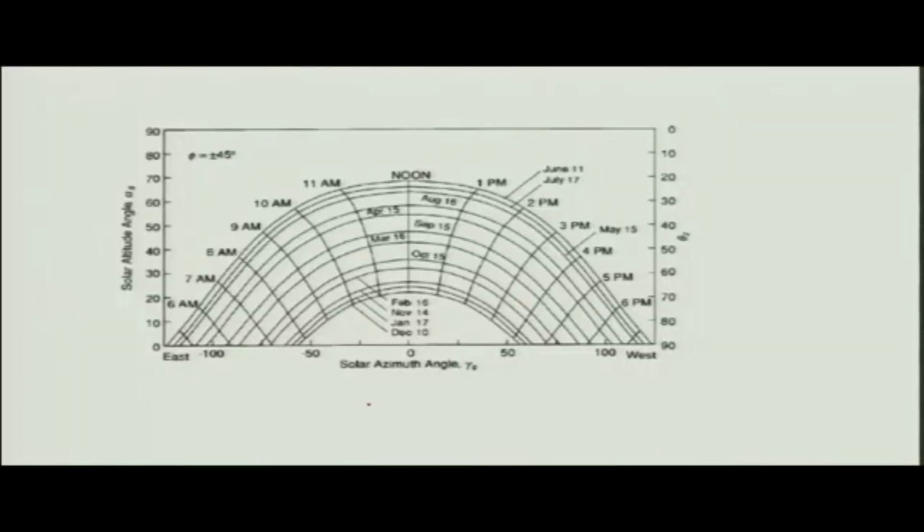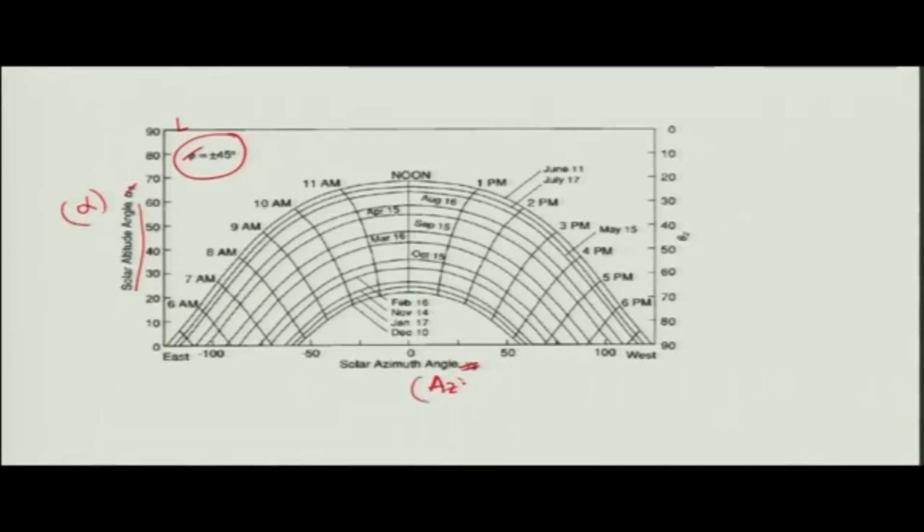Okay. So, this is a sun path diagram on your screen, which is for a particular latitude. Okay. So, for latitude we use this symbol L, and here we see that the two independent axes that we have are the solar azimuth angle, which we write as AZ, and the other one is the solar altitude angle, which we write as alpha.